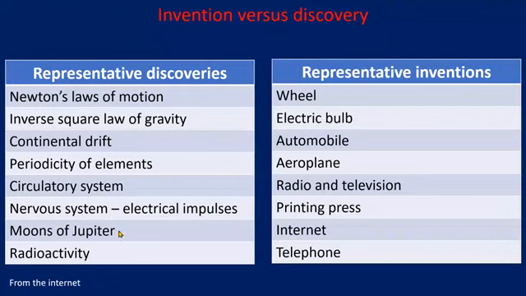We, as humans, have also identified the moons of each planet and discovered radioactivity. All these are great discoveries.